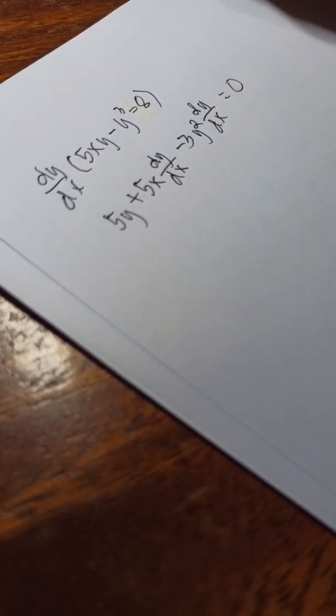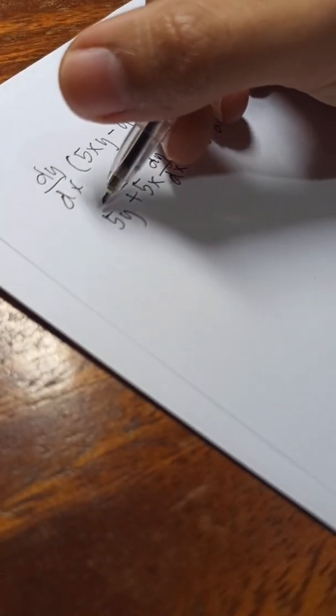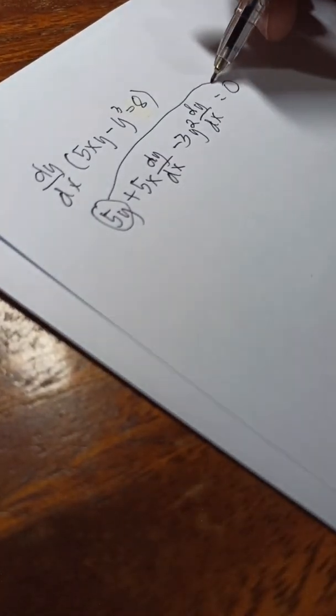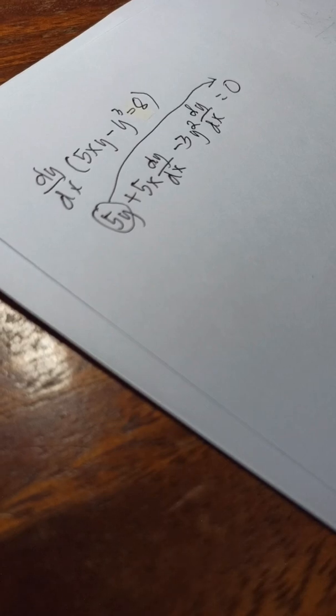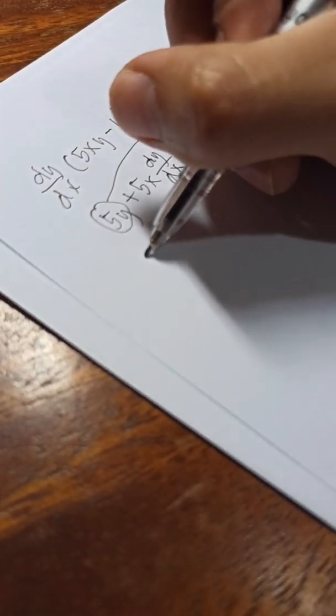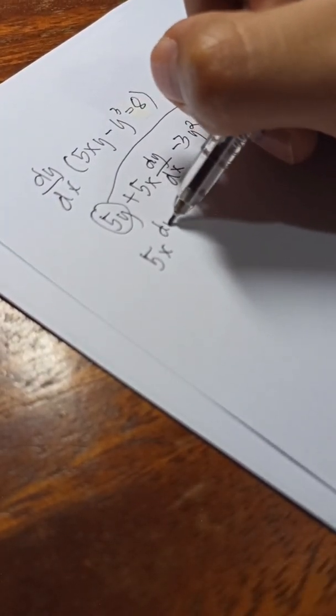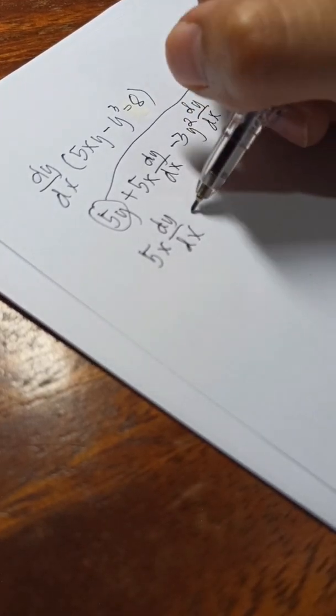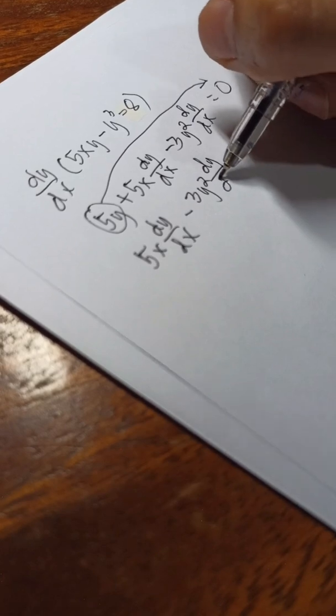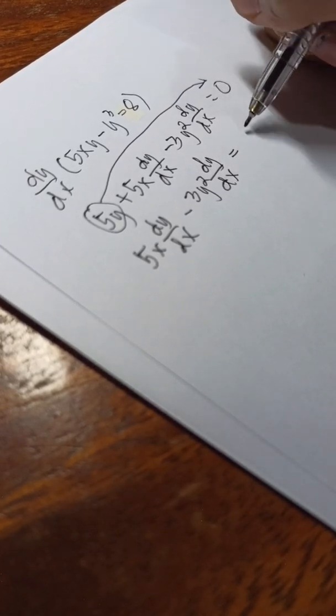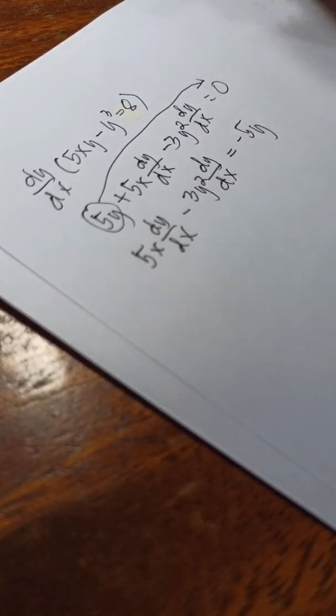So the next thing we need to do is move the 5y to the right side. So it will give us 5x dy over dx minus 3y squared dy over dx equals negative 5y.